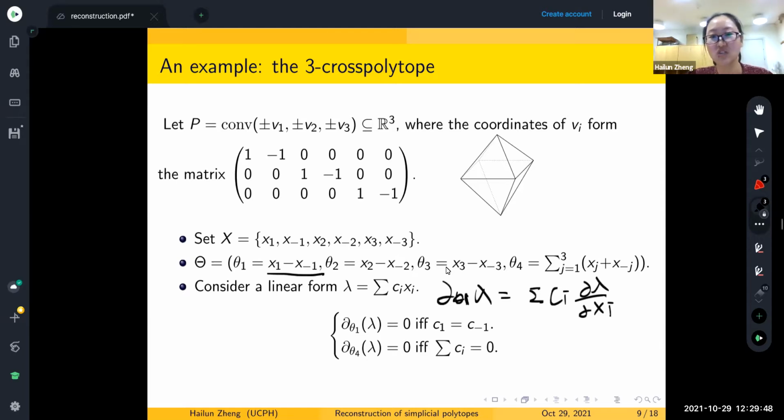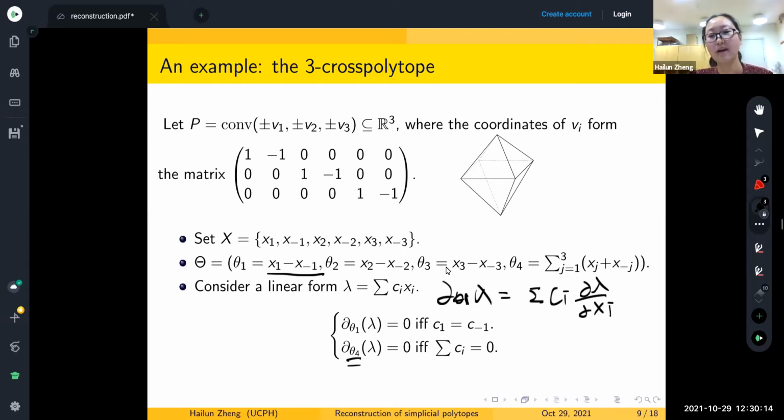And then you could just check that, for the same reason, the partial derivative with respect to theta 2 and theta 3 really means that c2 equals c sub minus 2, etc. Very similar things. And then what about theta 4? Theta 4 really means that if you sum up all the coefficients ci, it is actually 0.